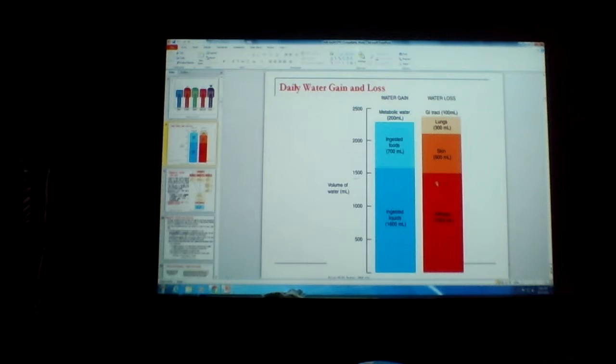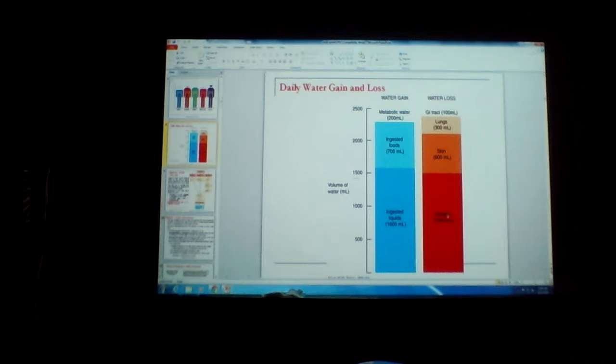Why is the kidney the target for water balance? Because it is the main organ that has the capacity of getting rid of or conserving a large volume of water. What I get rid of through my GI tract is only 100 mL. Lungs, only 300. Skin, only 600. Look at your kidney.